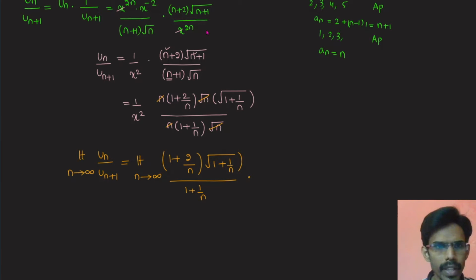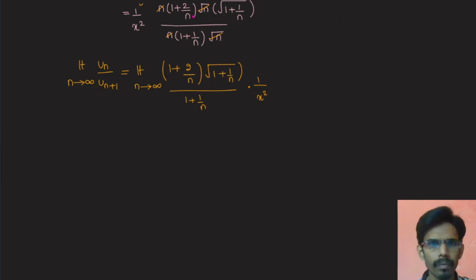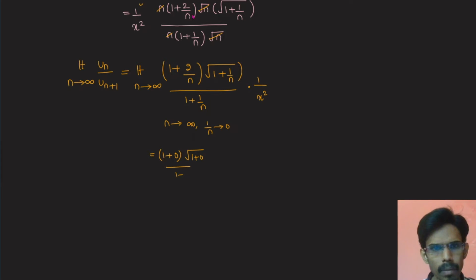Also we have 1 by x square. Now we know that if n is tending to infinity, then 1 by n will tend to 0. So here I'll get 1 plus 0 root over 1 plus 0 by 1 plus 0 into 1 by x square. Then this complete will become 1.